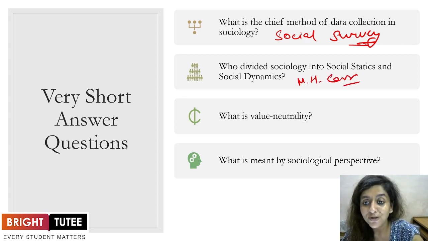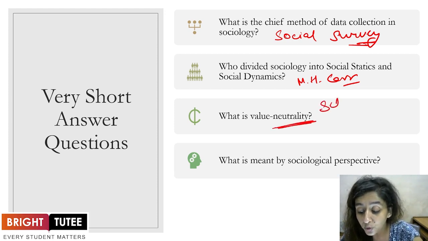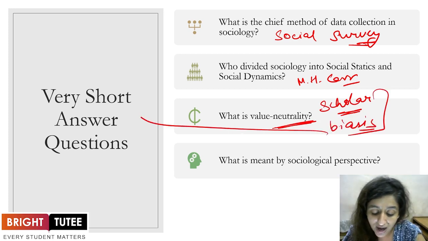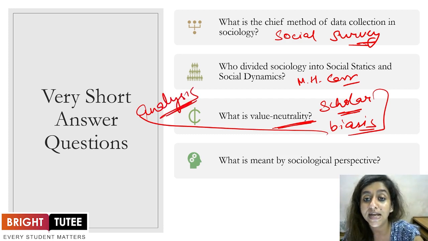What is value neutrality? We have talked about it in the previous video: when the scholar is not adding any biases while the analysis of the information is going on, it is known as value neutrality.